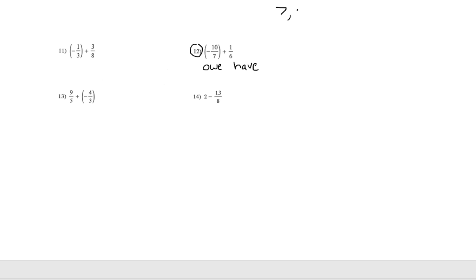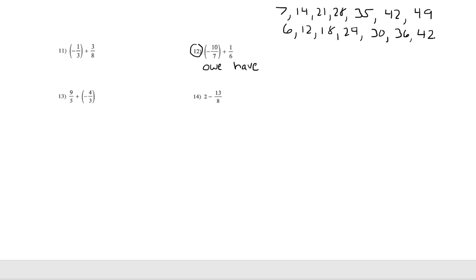The multiples of 7 would be 7, 14, 21, 28, 35, 42, 49, and then let's list the multiples of 6. 6, 12, 18, 24, 30, 36, 42.